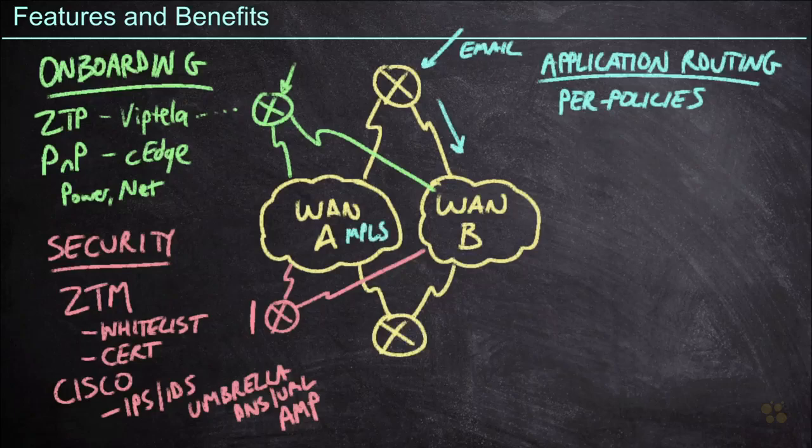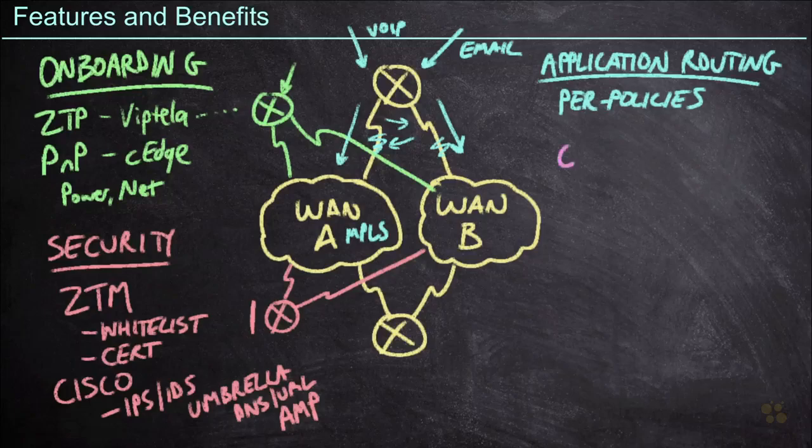As such, we're going to send email traffic across the internet. Likewise, we have voice over IP traffic coming in. That's very mission critical traffic, so we're going to send it out our MPLS circuit by default. But in either case, if we have quality issues out the internet link or possibly even out the MPLS link, we can swing those applications over to the other circuit.